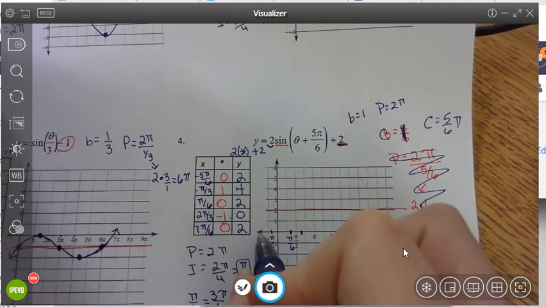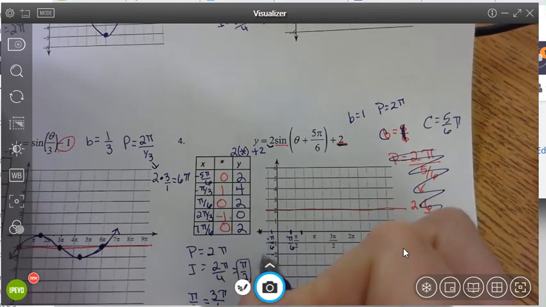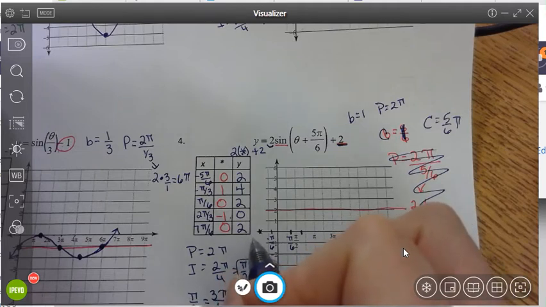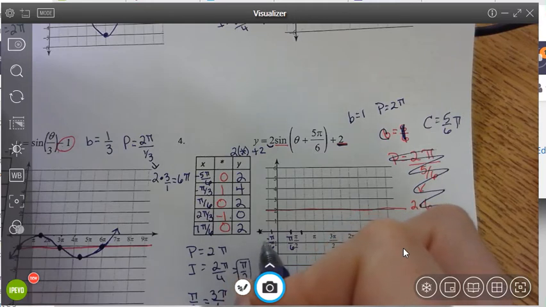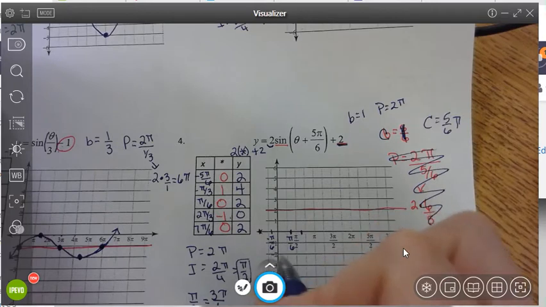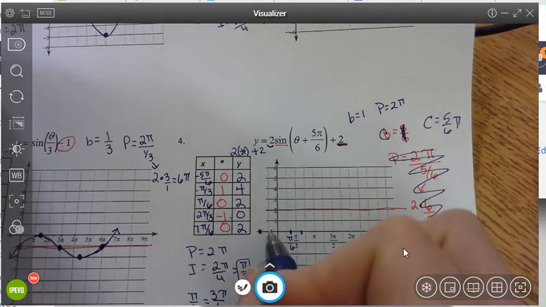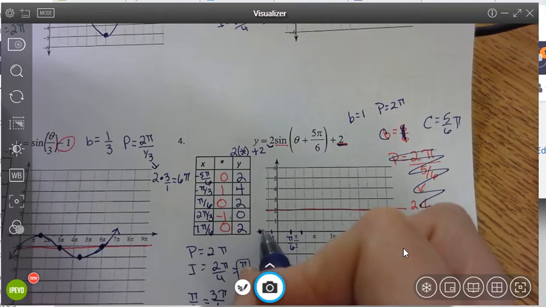And then my next line out here, why did they not give me enough? Because that one is pi over, that's not negative pi over 6. Negative pi over 6 is actually over here.